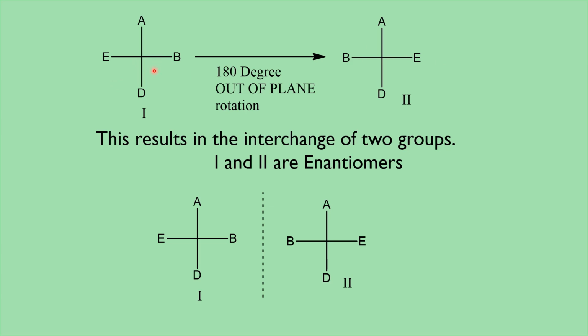If this chiral molecule has R configuration, this structure will have S configuration, therefore these two will be enantiomers. Therefore, the 180 degree out of plane rotation results in the interchange of two groups and the conversion of one enantiomer into another enantiomer. And these two are mirror images.